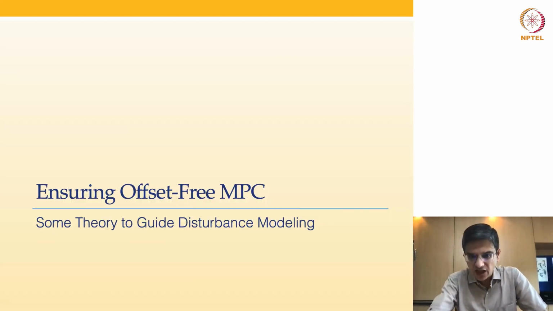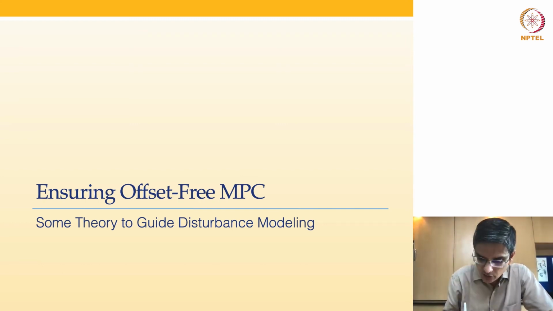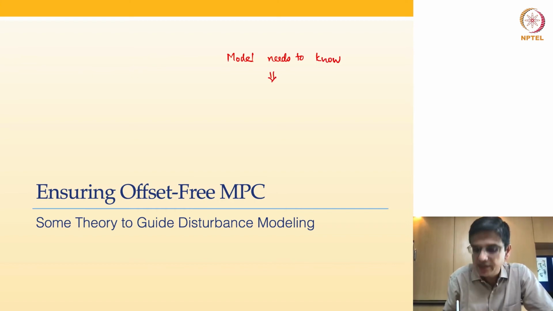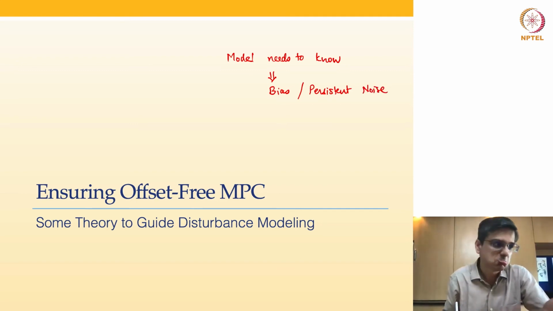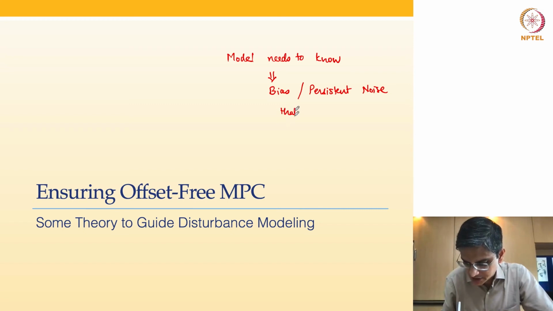Okay, now with all this background, let me go on to talk about how you guarantee offset-free MPC. I think by now it would be abundantly clear that in order to guarantee offset-free MPC, your model needs to know that there is a bias, or a persistent noise, or a random walk type of noise that needs correction.